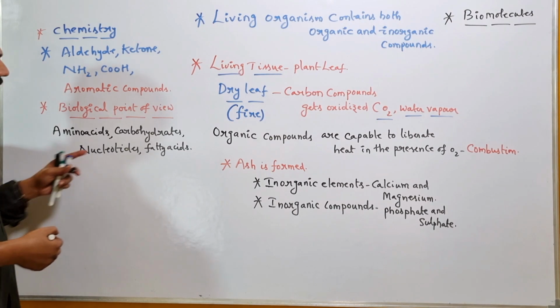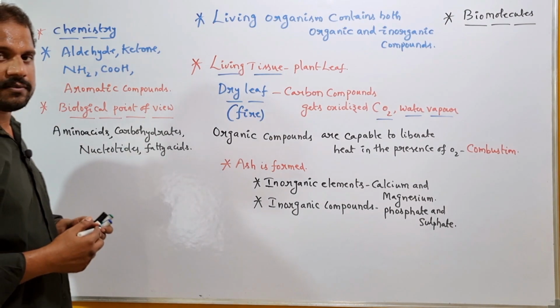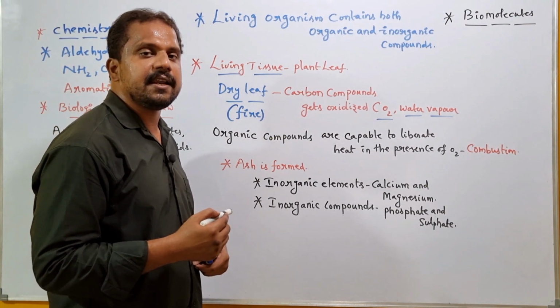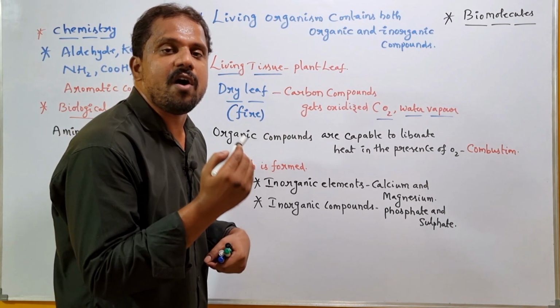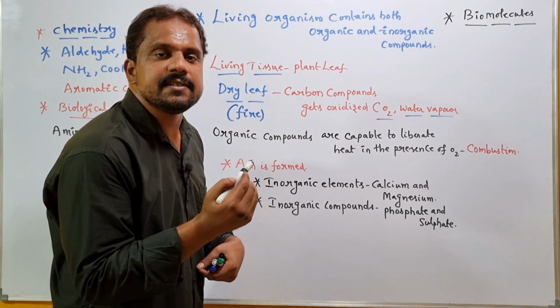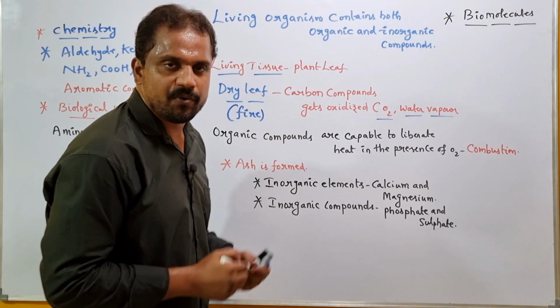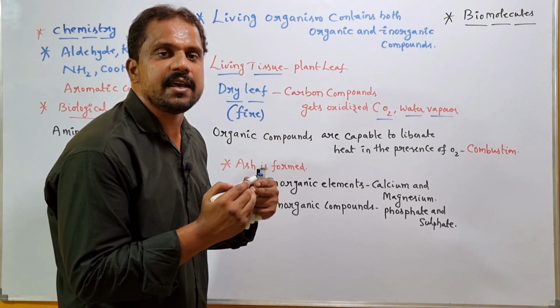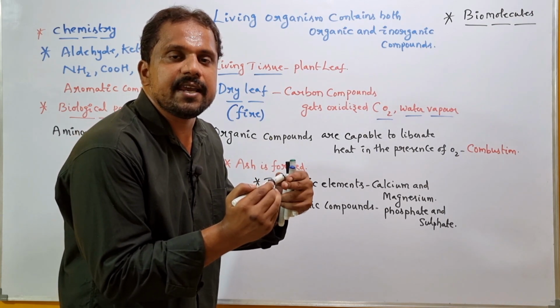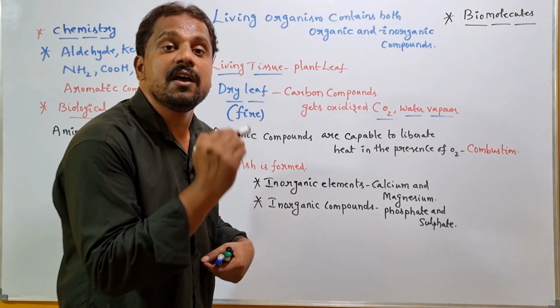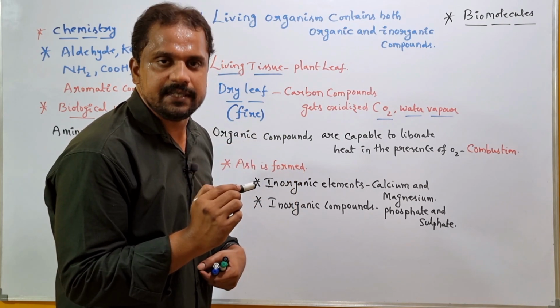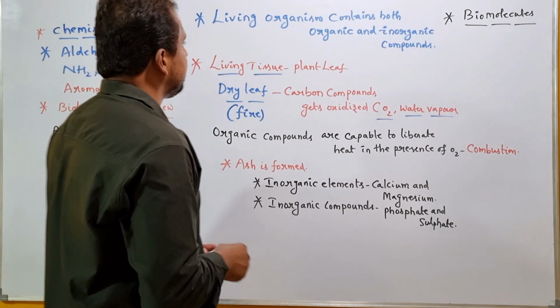Is it clear? So all these are nothing but biomolecules. At first we will be studying amino acids. So what are amino acids? Amino acids are the building blocks of protein. Once many amino acids undergo aggregation, it leads to the formation of one specific polymeric protein. Is it clear? So let me arrange the things here.